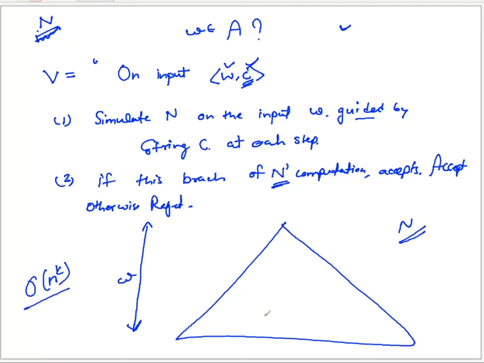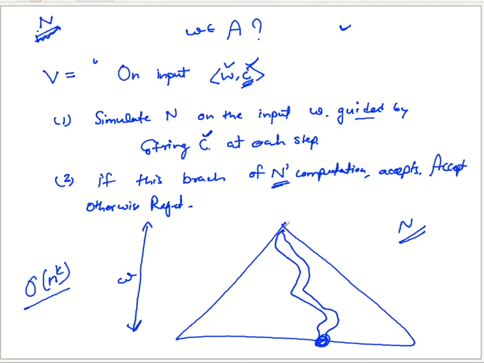Now in this tree, when you give a certificate, I can take help of that certificate, which is like an address of a configuration, right? I have to identify which address it is pointing to, and in that way I will be able to guess that you have to follow this particular branch. After reaching the node guided by the certificate, you are not making non-deterministic choices at each step, but deterministic choices.